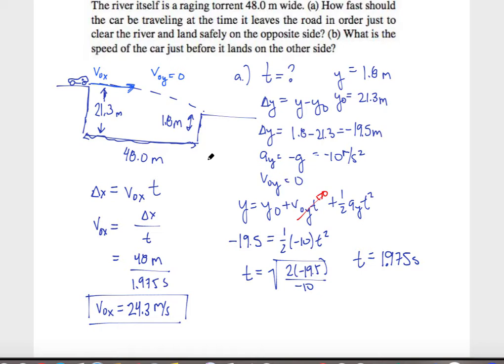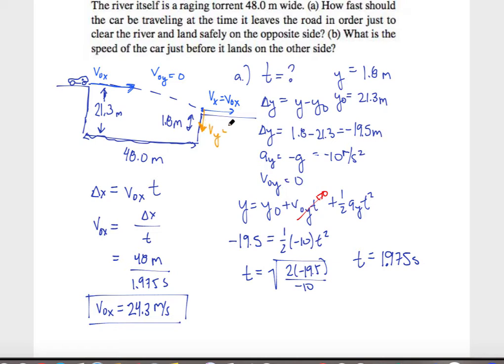Part B says, what is the speed of the car just before it lands on the other side? So here, I already know that since my x direction does not change, my x velocity is equal to my initial x velocity. The part that I don't know is my y velocity at this point.